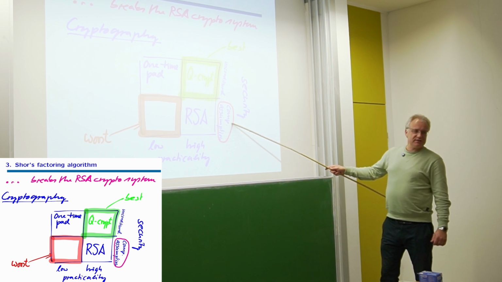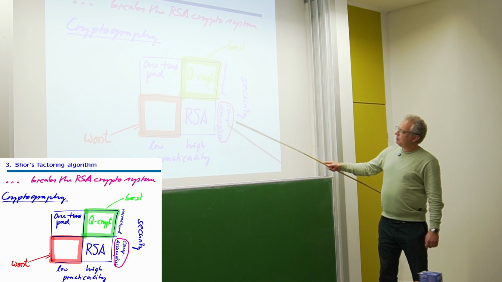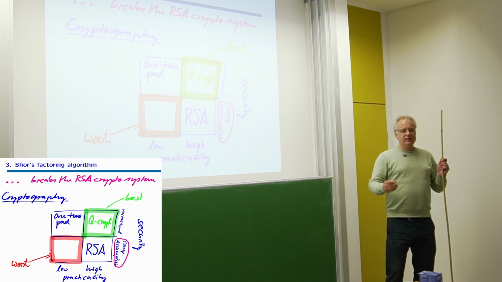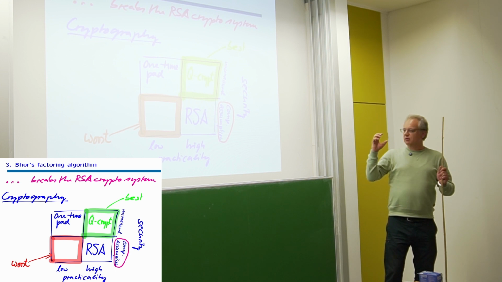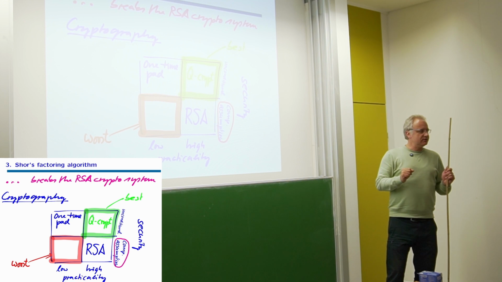Sometimes people settle for something weaker, and that is that the security rests on a computational assumption, namely that a certain mathematical problem is proven hard or conjectured to be hard, so that nobody in the world could solve it.